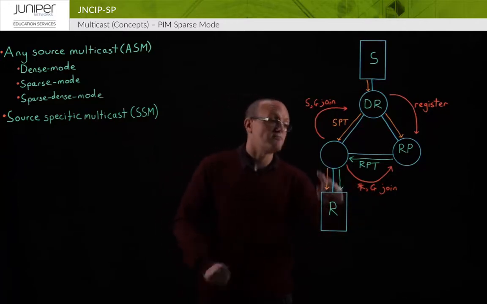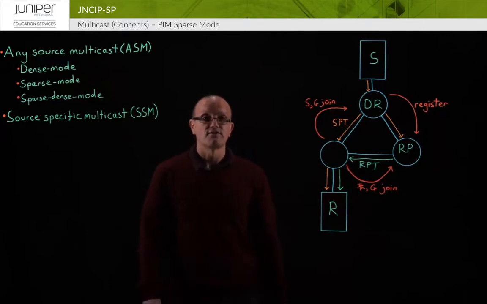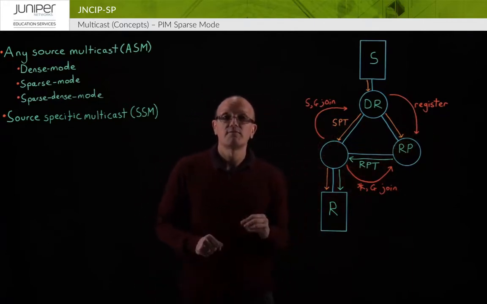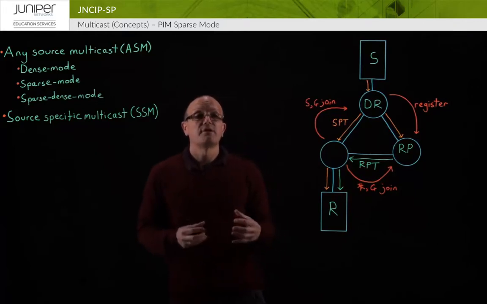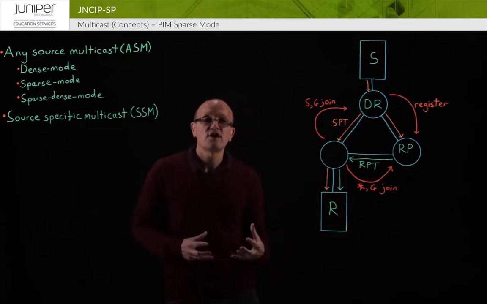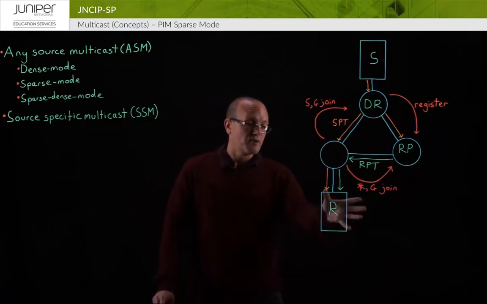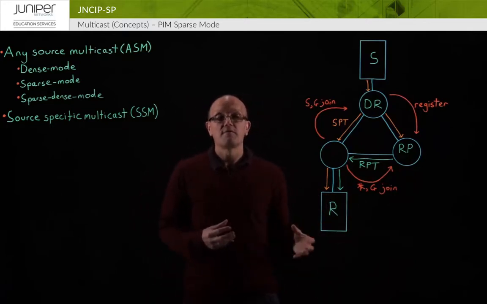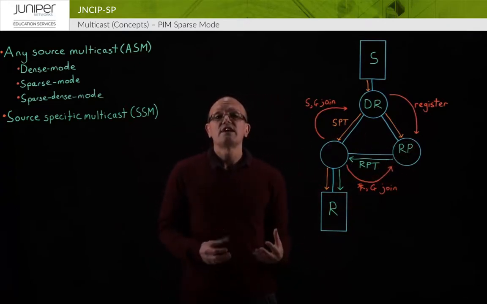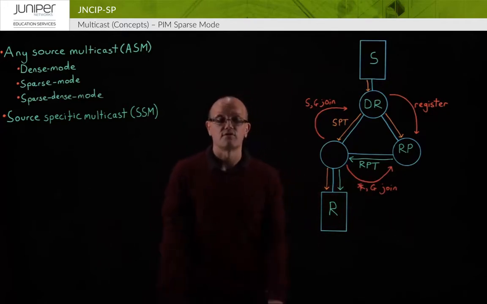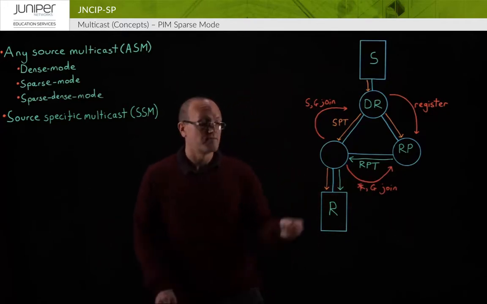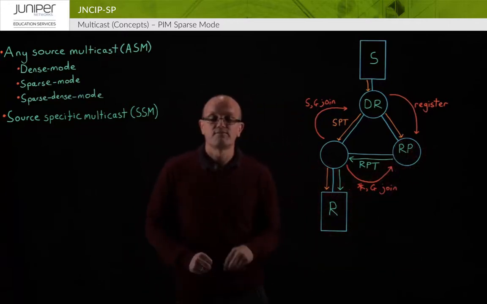So he sends that join message to the rendezvous point. And as this bubbles up all the way through the network, the net effect is that we build what's called a rendezvous point tree. So this is a shared tree where receivers are building a path to the rendezvous point to receive traffic for this given group. So this is routing signaling from the receiver to the rendezvous point.